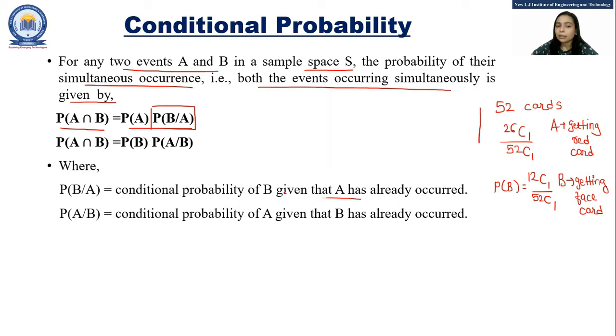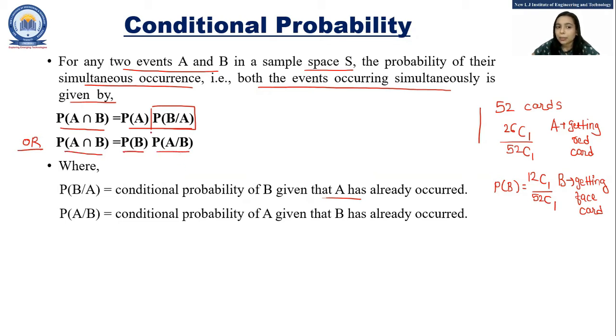So here we find the probability of an event, but there is some condition that a particular event has already occurred. So this P(B/A) is the conditional probability of B given that A has already occurred, or we can also say the conditional probability of B considering A as a sample space. Similarly, we can also write P(A intersect B) = P(B) × P(A/B).